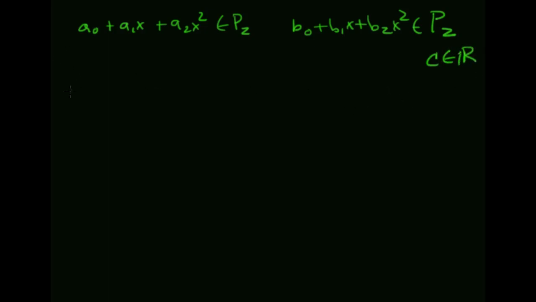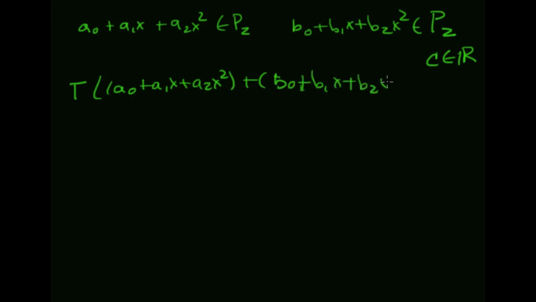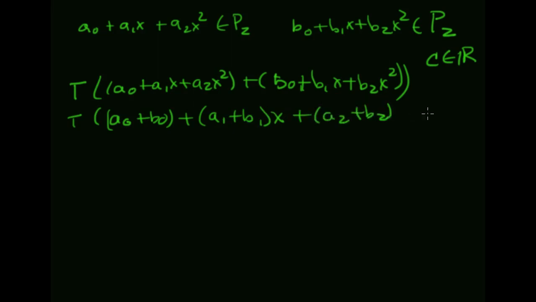All right, so if I take the transformation of the sum, this is going to be the transformation of (a0 plus b0) plus (a1 plus b1)x plus (a2 plus b2)x squared, which means that I'm left with (a1 plus b1) plus 2 times (a2 plus b2)x.